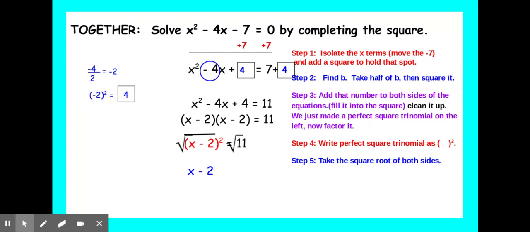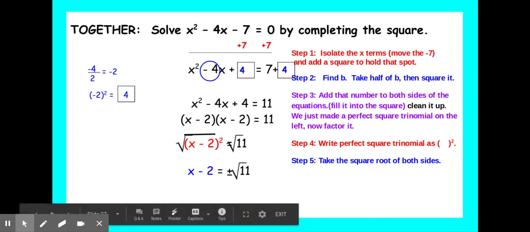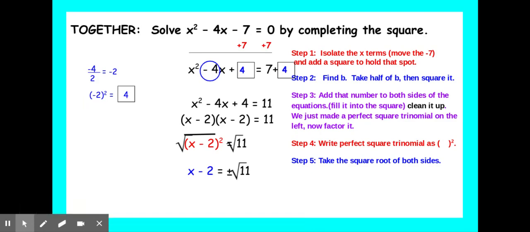That gets rid of that little 2. Bring down your equals and bring down your square root of 11. But you have to remember we now have a positive or negative answer when you square root a value, because we're solving for 2 different values. Remember, we had 2 different answers when we're solving quadratics.